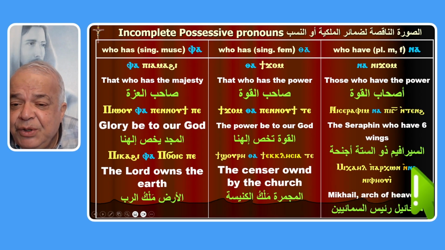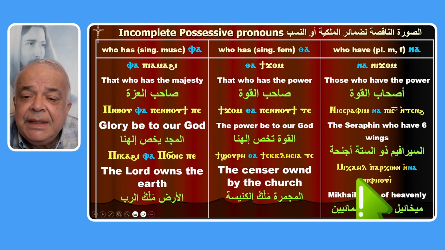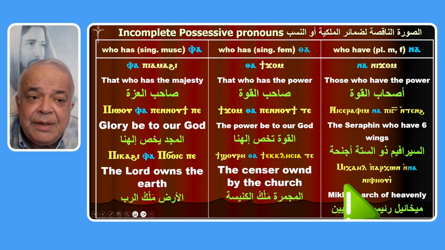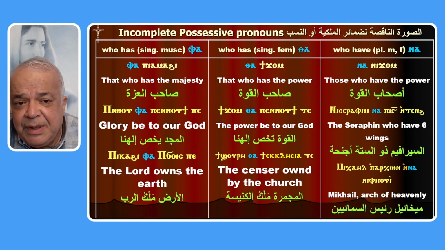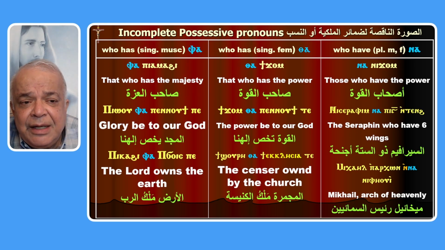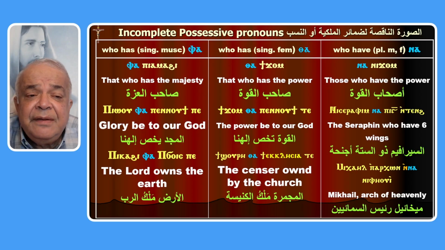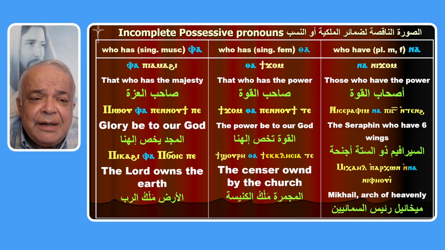Third example, and we use this example when we praise Archangel Michael. You know, the liturgy is divided into 3 parts: The first part is the preparation or presentation of the lamb. The second part is the liturgy of the reading of the Bible and other books of the New Testament. And the third part is the actual prayer for faithful people, where everybody should be a Christian and should be able to participate in the communion.